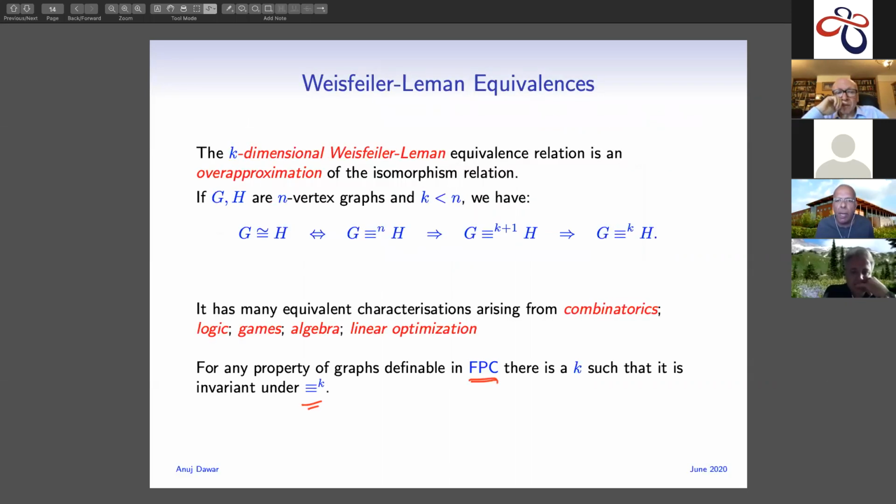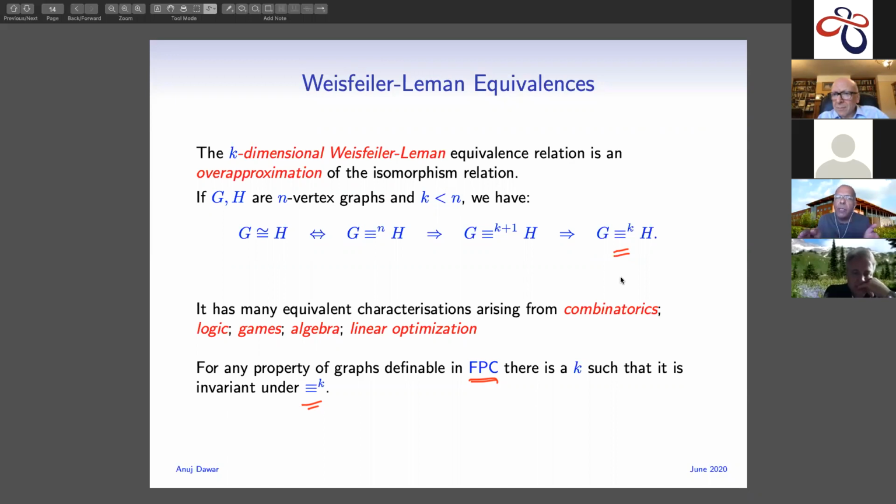Okay, so maybe let's go back here. The k is labeling this equivalence relation. In the sense, for each k, we have an equivalence relation. I didn't say how it's defined, but roughly speaking, there's a sort of implicit algorithm which tries to determine isomorphism by looking at k-tuples and determining whether those k-tuples locally in the two graphs look the same.